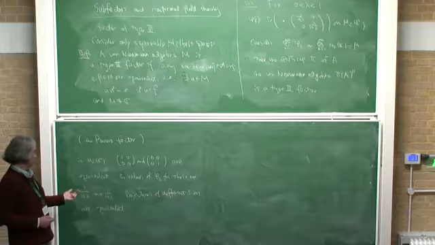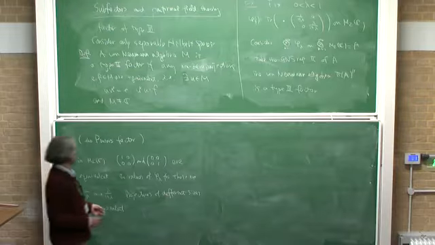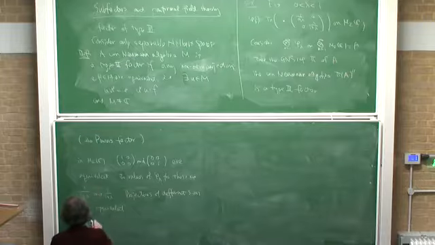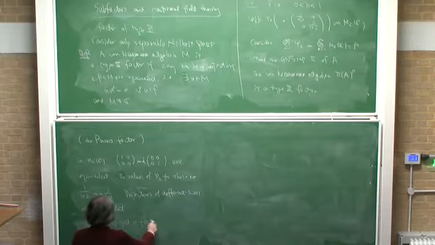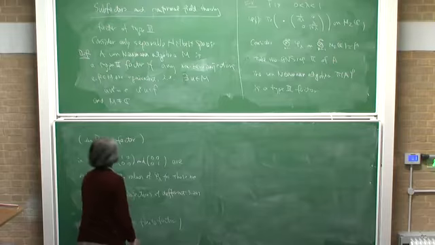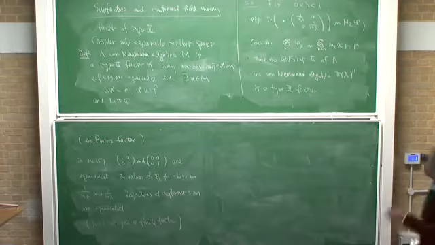Then we get a finite factor, actually. But now lambda equals 1 is excluded, so we get a type 3 factor.